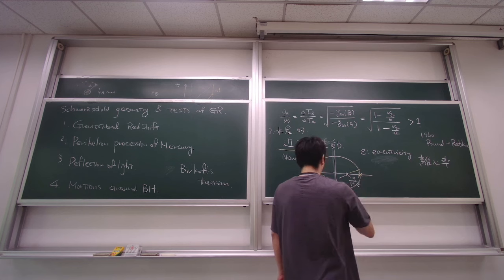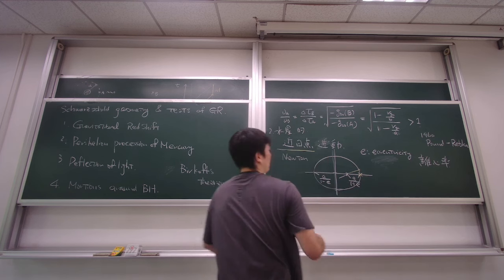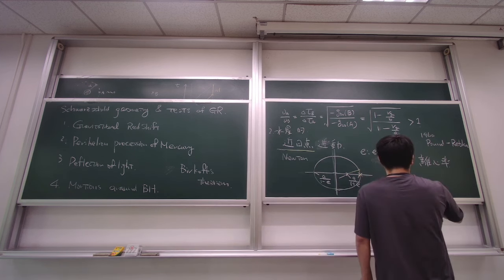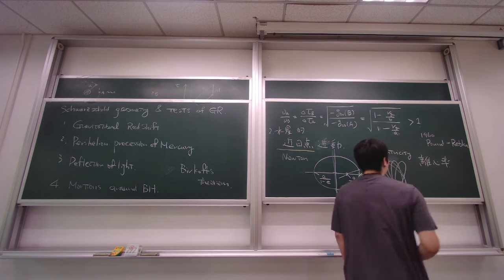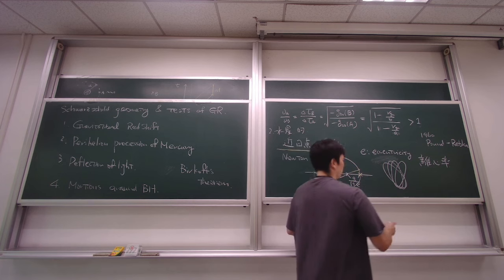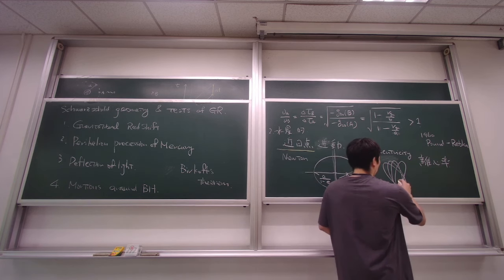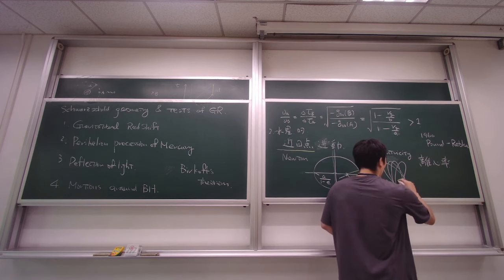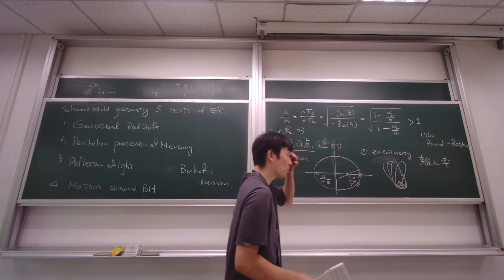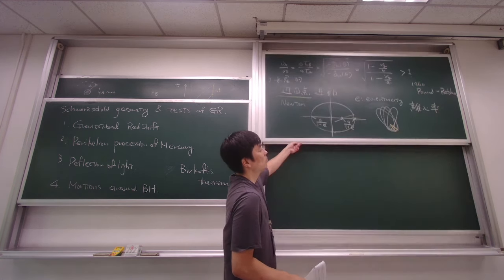As I mentioned last time, this kind of movement will occur. So this perihelion will move like this way. My drawing is horrible, but anyway, it will move like this way.